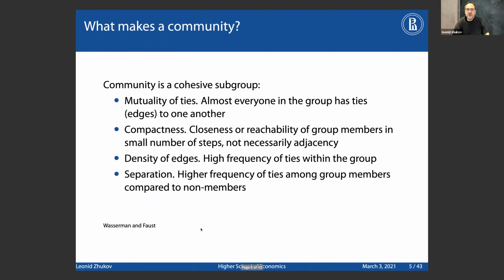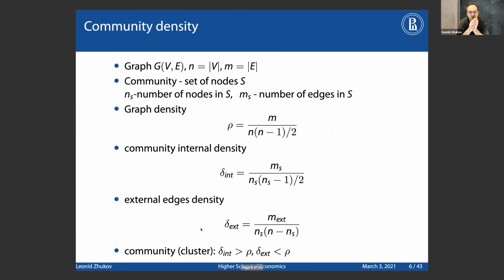So how can we quantify this notion of higher density of edges, more edges within the community than between? Well, a very straightforward definition can actually just use graph density.